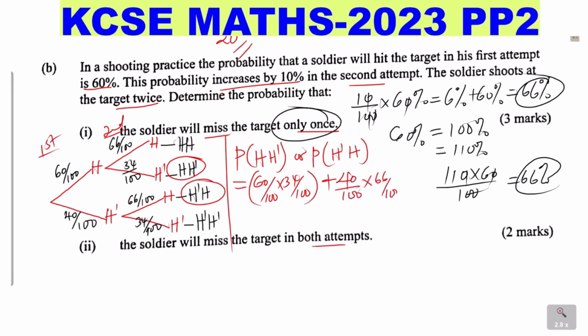So working out these, 60% times 34% simplifies to 51 divided by 250. Then 40% times 66% gives you 33 divided by 125. Then you add the 51 over 250 plus 33 divided by 125. This will give 117 divided by 250.